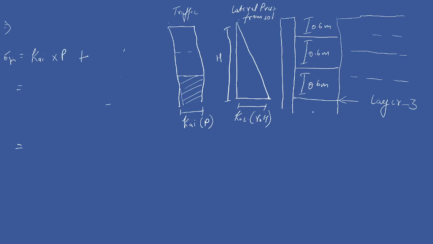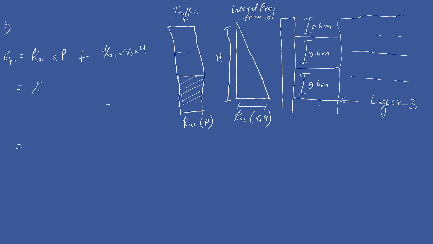So first we need to calculate what is the pressure coming here. Then that pressure we can multiply with the tributary length to calculate the tensile force in this. So Ki into P will be the pressure coming from the traffic loading. Then we are having the Ki into gamma naught into H. So this is the part.